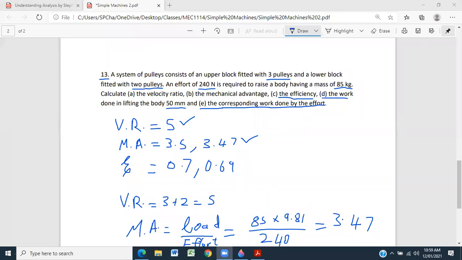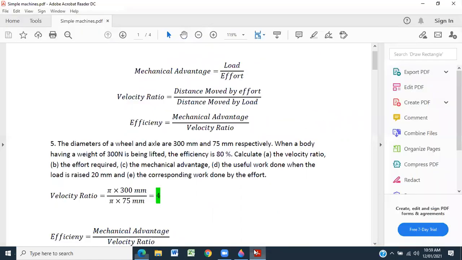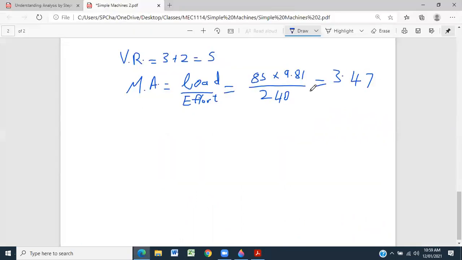So the next part, the efficiency. So we know, again, efficiency is equal to mechanical advantage divided by velocity ratio here. So the mechanical advantage is 3.47. Efficiency, let's just write it as this fancy E thing, because we don't want to mix it up with effort writing EF.